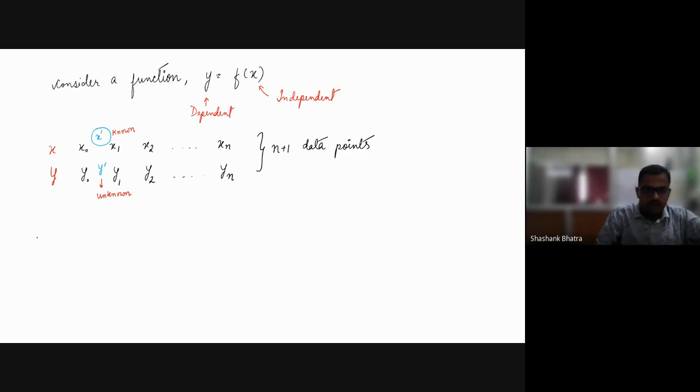If I draw a graph, excuse me if it is not a straight line properly. Suppose I mark the points. This is y0, y1, y2, and so on till yn.